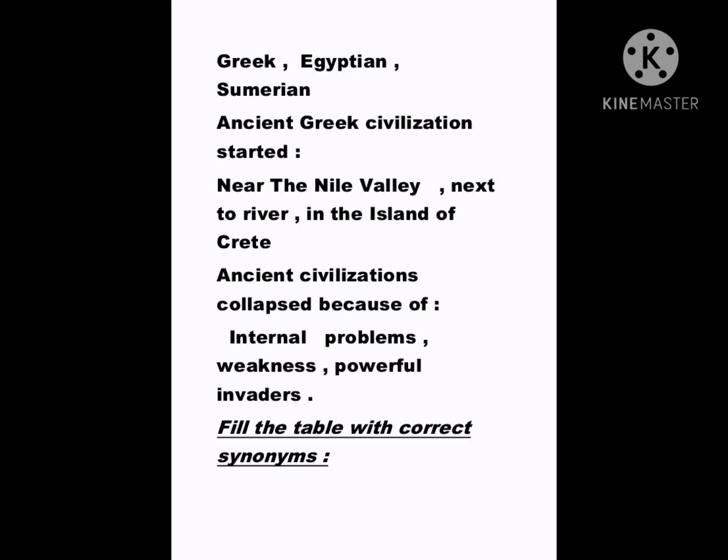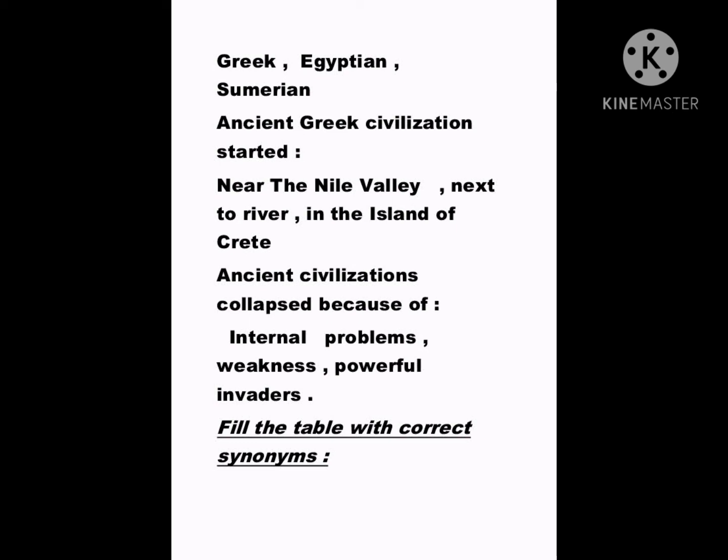Another task: fill the table with correct synonyms. This is related to vocabulary. So we have words and we have a table of the different stages in which a civilization developed.